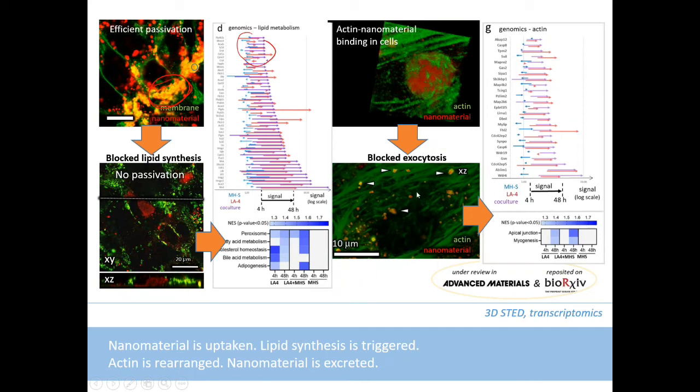This is blocked exocytosis after 2 days. So we can identify many of those small vesicles, like here. These are all exocytotic vesicles with nanomaterial inside and actin fibers around. And even in transcriptomics, you can see that the production of actin elements is also upregulated.